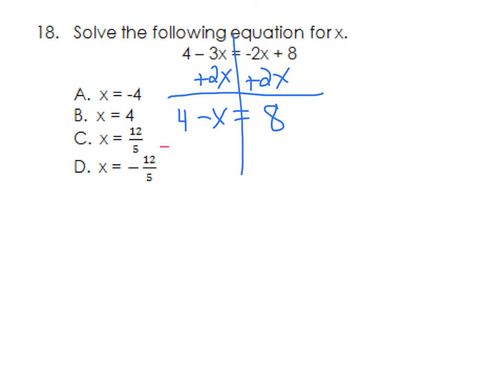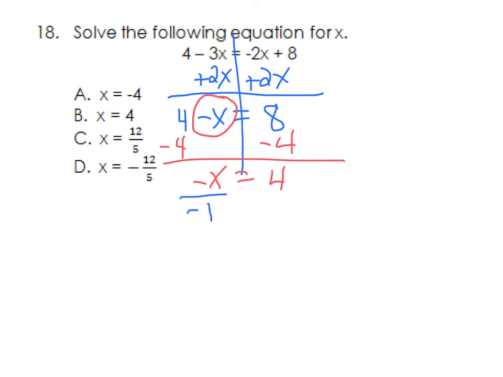First thing I'm going to do is zero out my other term because I'm solving for x. So I end up with -x equals 4. But I'm not solving for -x, I'm solving for positive x. So I'm going to have to divide out my coefficient of -1 on both sides. Negative divided by negative turns my x positive and turns my 4 into -4. The answer is A.